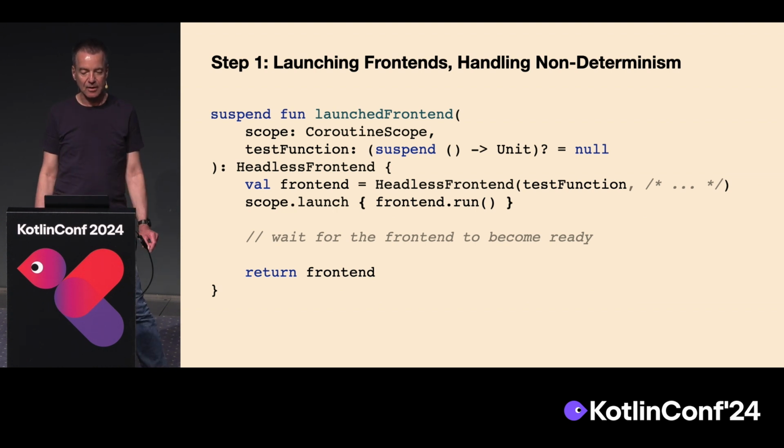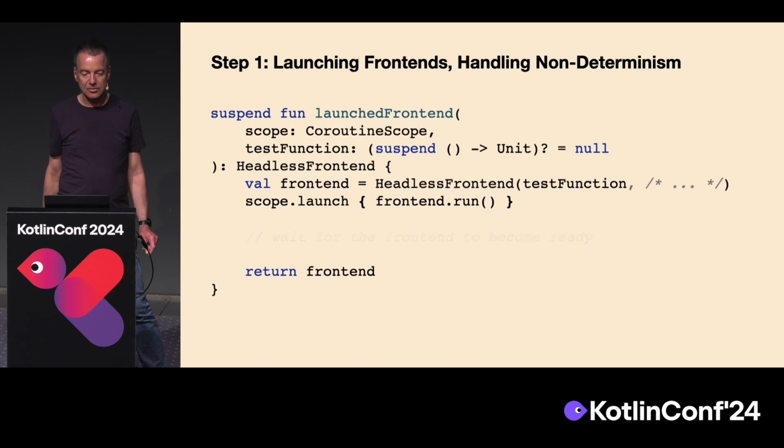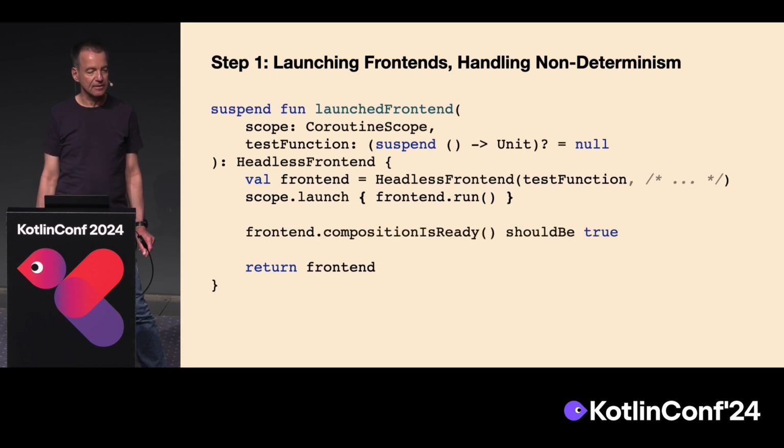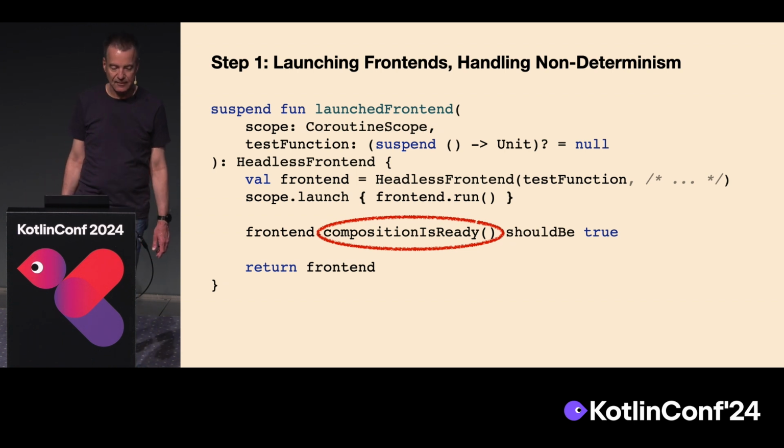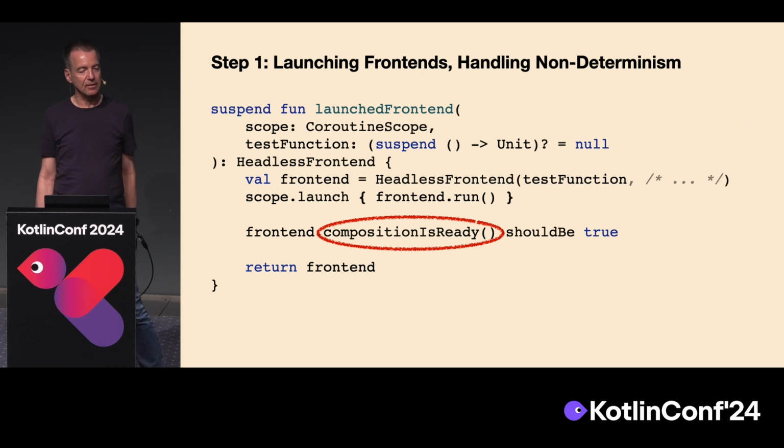So suppose we have a way to ask when the frontend is ready, like this function. Suppose it is there. The problem is, when we do this initially, it would always return false because it would not be ready initially. It would take some time, and we don't know how long it takes. Compose is asynchronous.